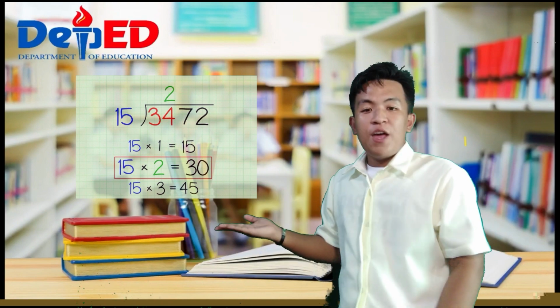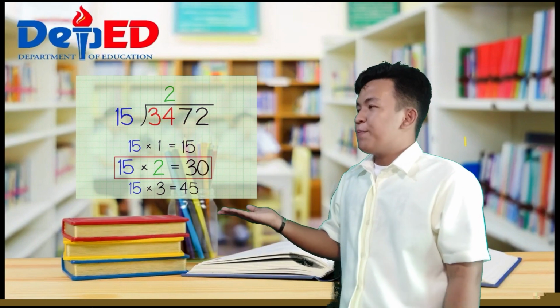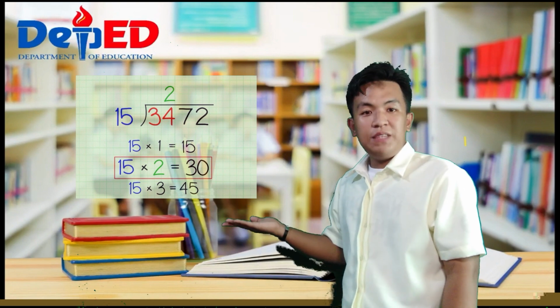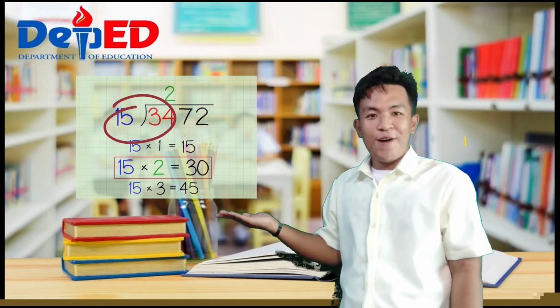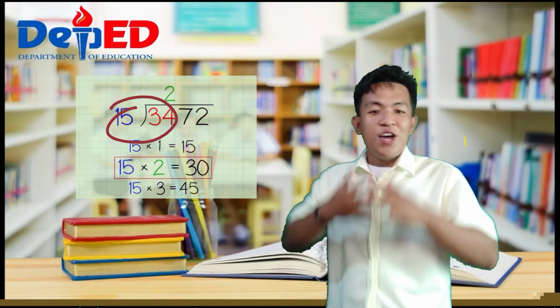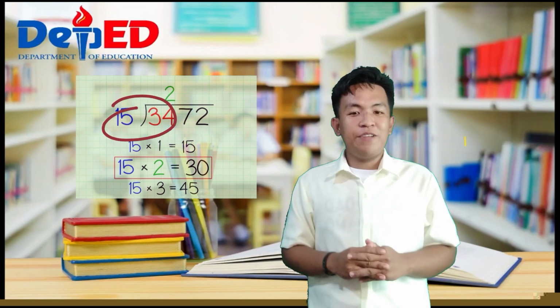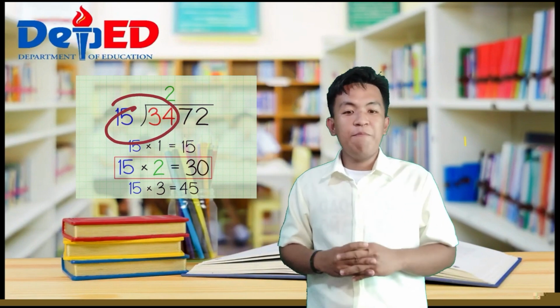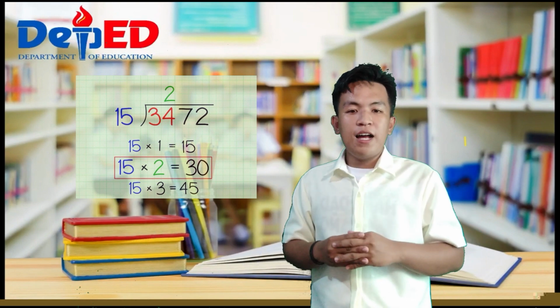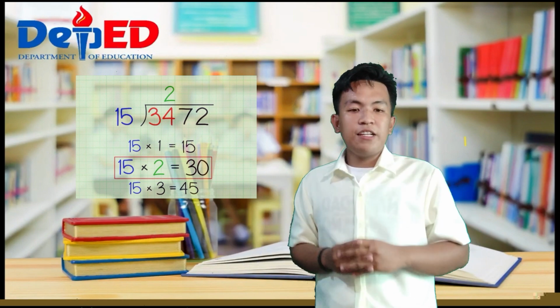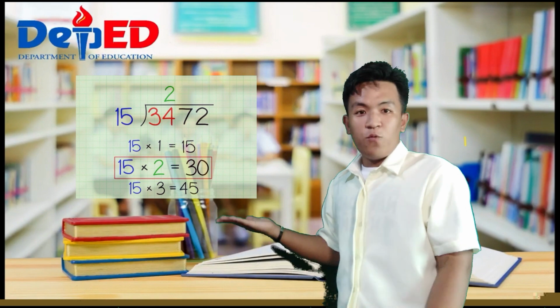We need to solve 34 divided by 15, or how many times does 15 go into 34? So you are looking for a number you can multiply with 15 to get a number less than 34, but pretty close to it. Does 1 work?